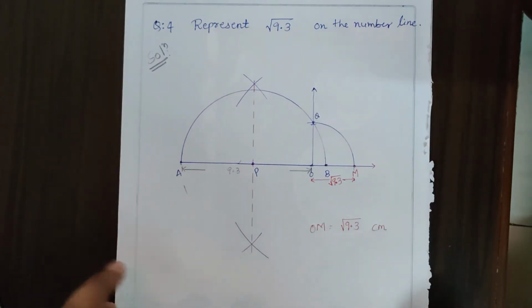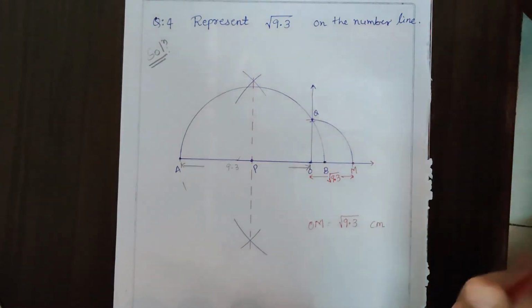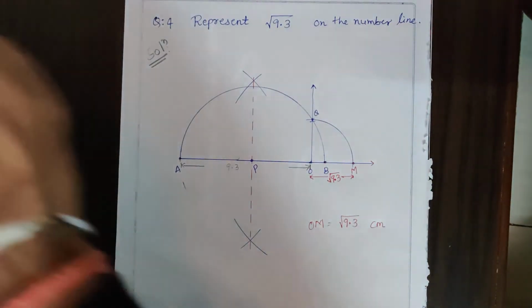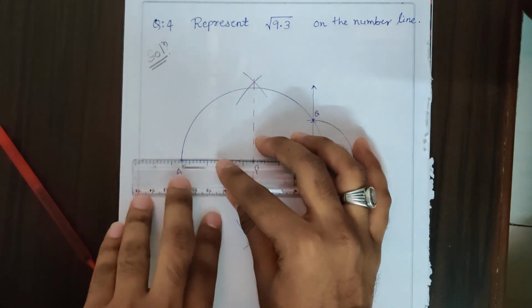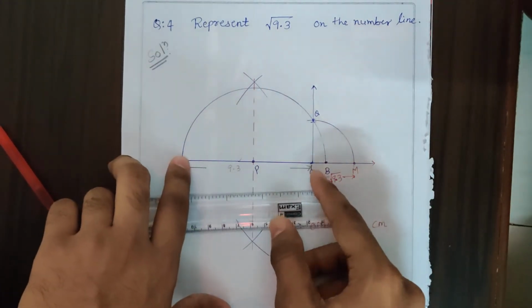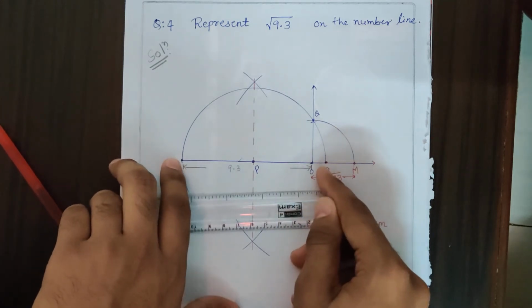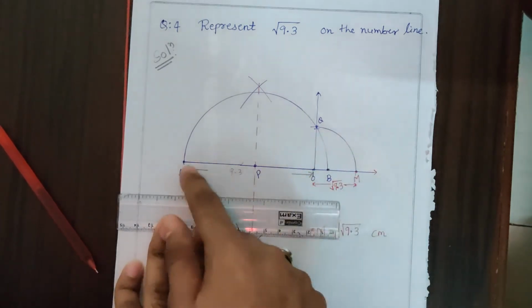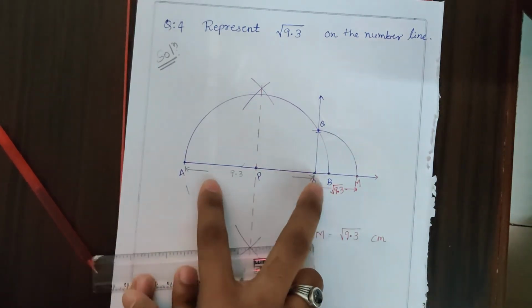Is it clear? So again I am explaining one by one. First of all, we will draw a line of 9.3 centimeter. Let us take this point A and O, AO, 9.3 centimeter.